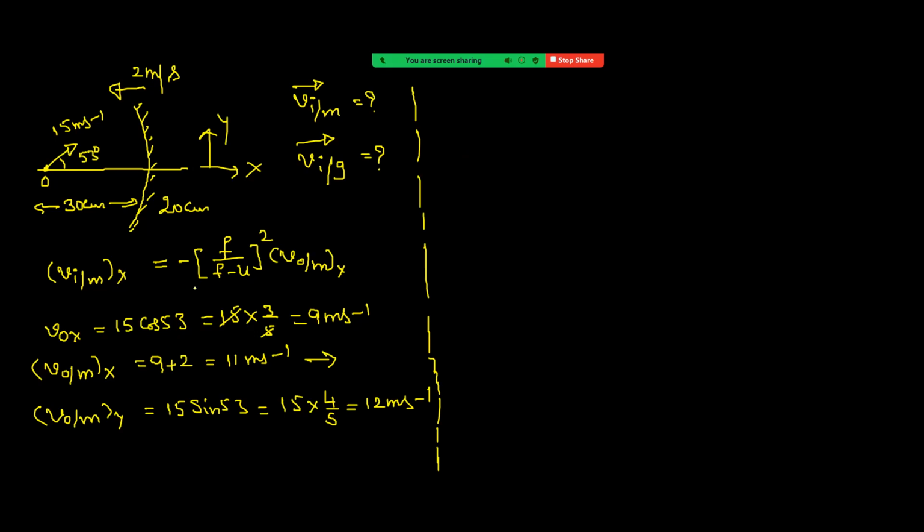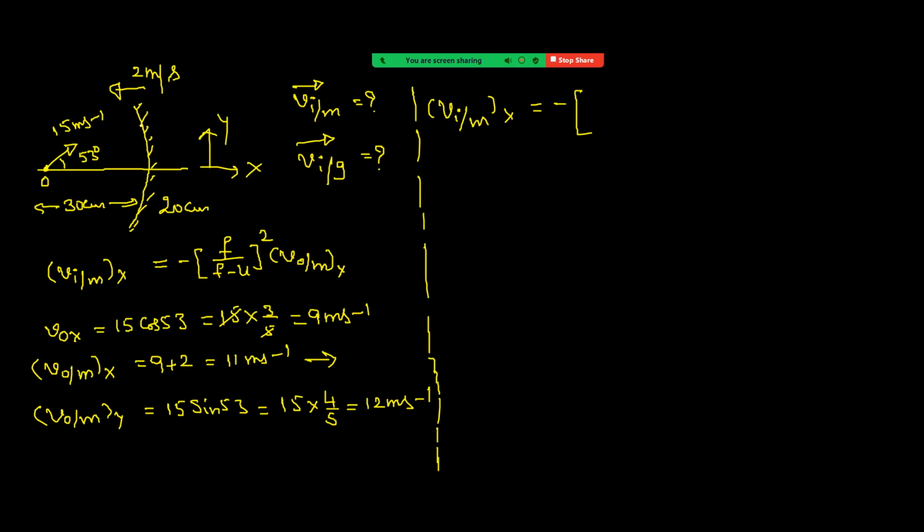So now, velocity of image with respect to mirror along x-axis is given by minus f upon f minus u whole square. See what is f? It is given 20.